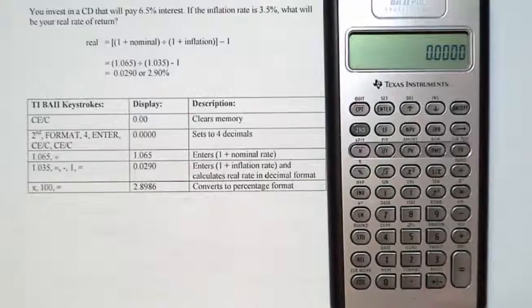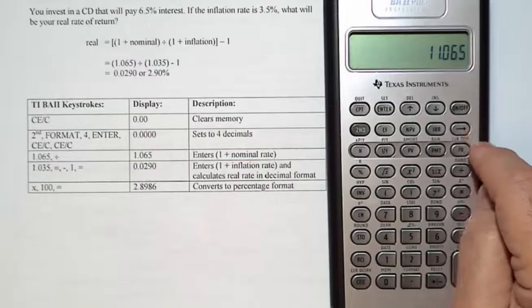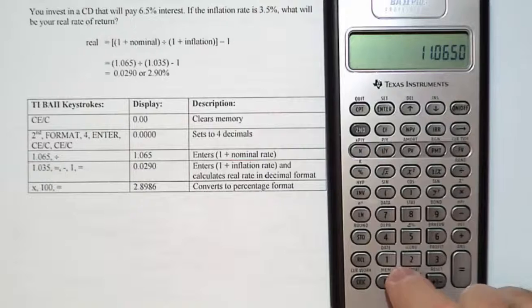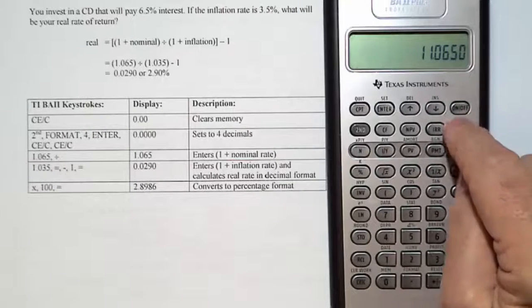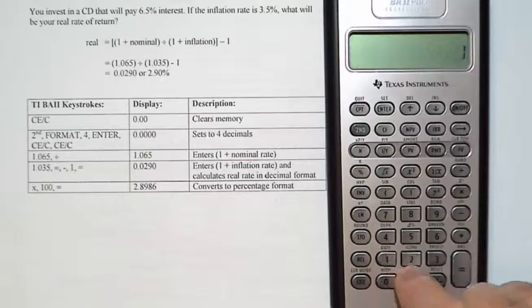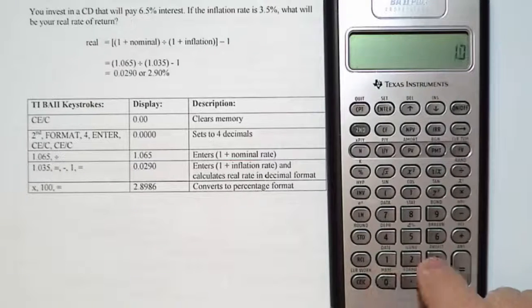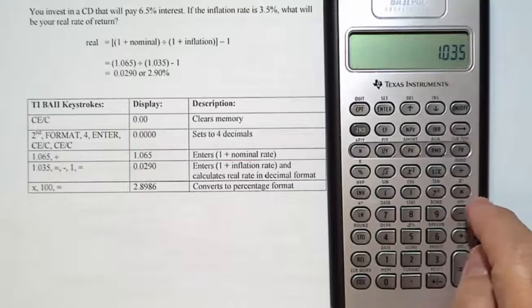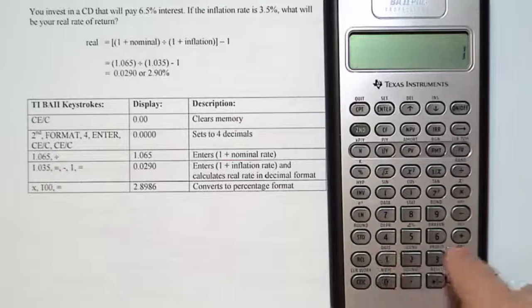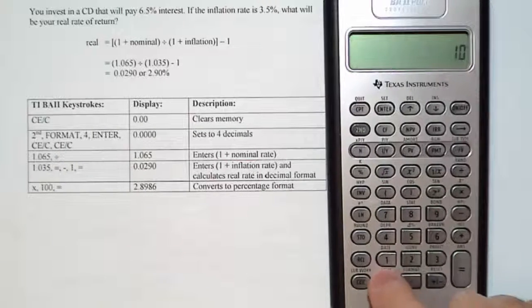And now all I have to do is plug in the numbers just like this. 1.065 divided by 1.035 minus 1 times 100 equals 2.8986.